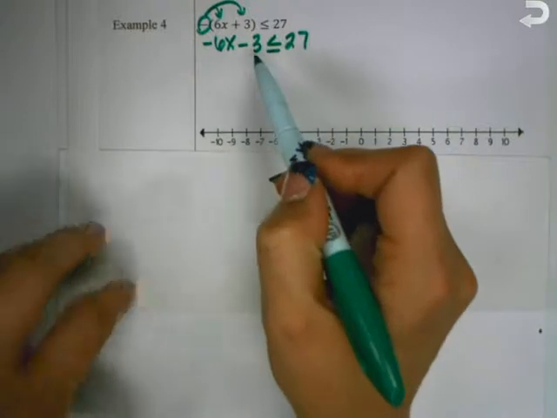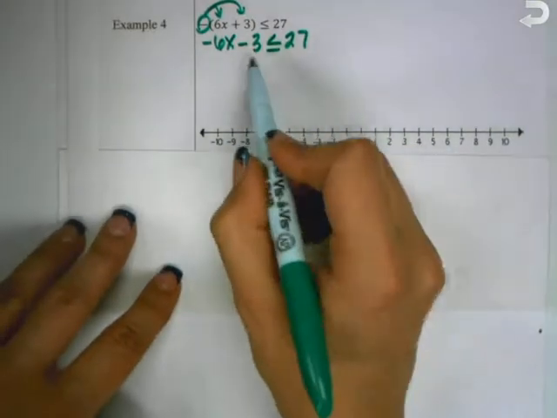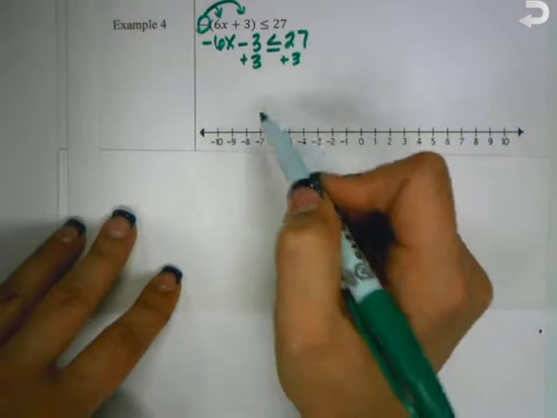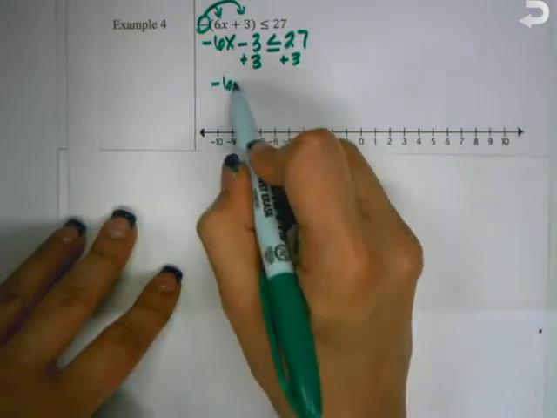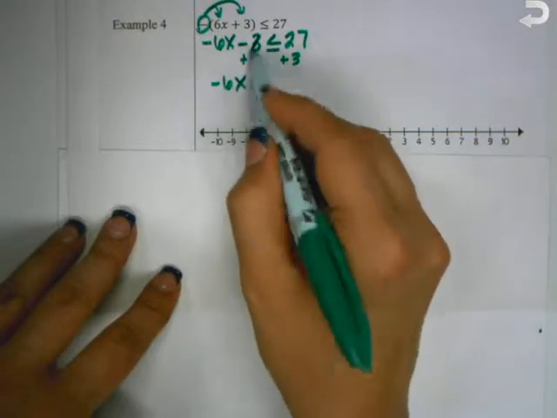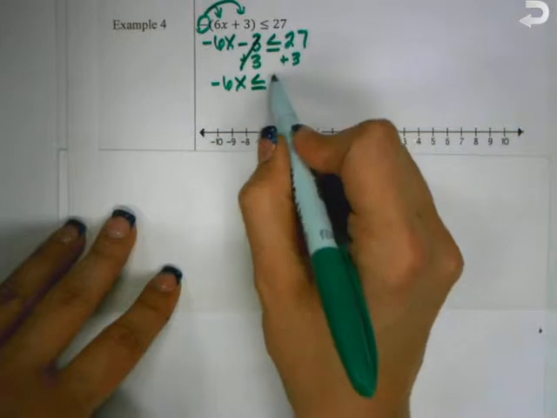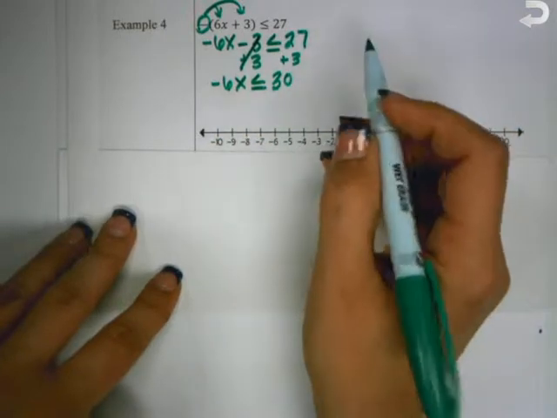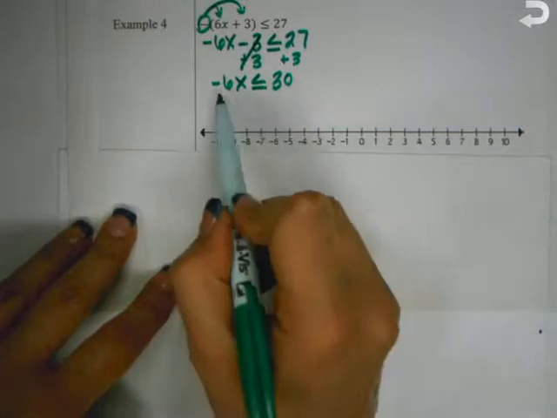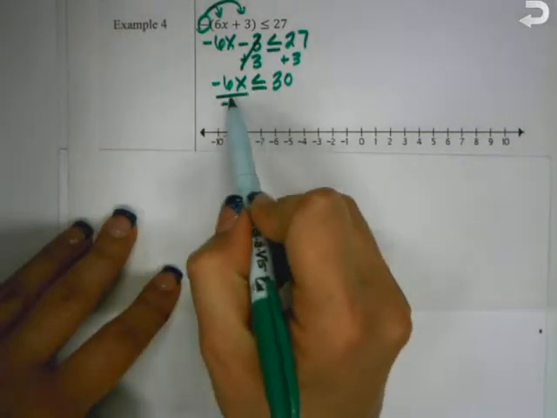So I would get negative 6x less than or equal to 27 plus 3? 30. Okay, now what? I divide both sides by negative 6. Ran out of room, so I'm going to move it up here. Negative 6 divided by negative 6, that cancels, right?